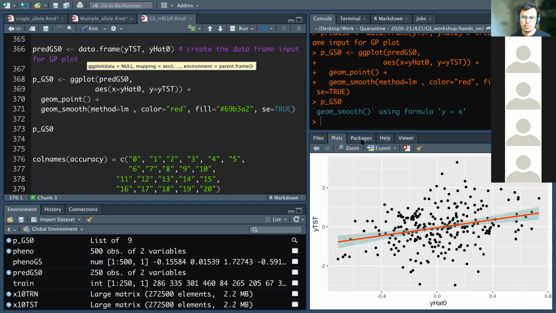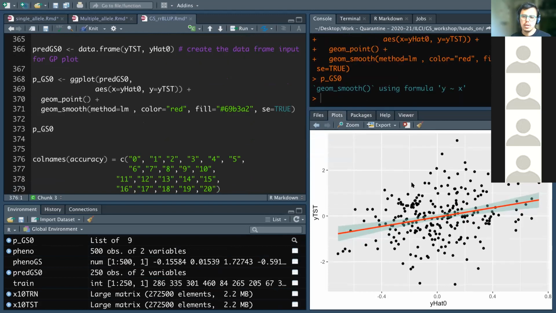So I think this is just to show you what happened, that it's the generic linear regression, the correlation, the scatter plot between the real phenotypes and the predicted phenotypes.